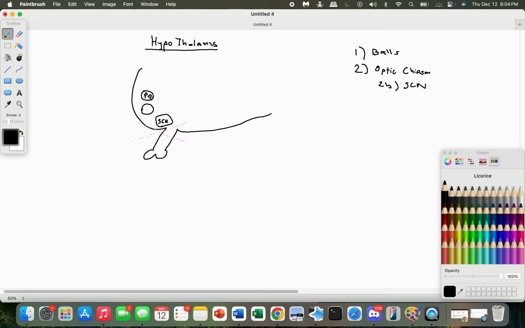And if this is pre-optic, before all the optic nuclei, and this is SCN or suprachiasmatic, then between them is after the pre-optic but before the SCN, so that's going to be our supraoptic. Okay, so pre-optic plus supraoptic.